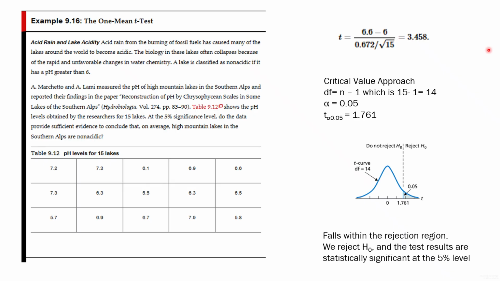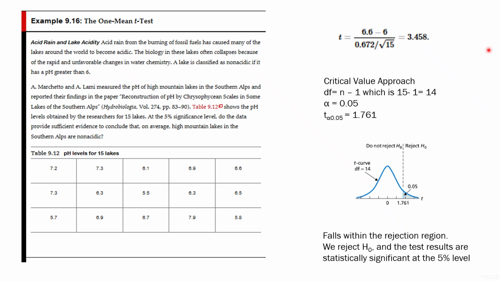So first, let's start with the critical value approach. Now we've got a DF of n minus 1. There were 15 lakes, minus 1 is 14, and an alpha of 0.05. Now to find your critical value, you're going to get your table 4 again, which is your t-table.